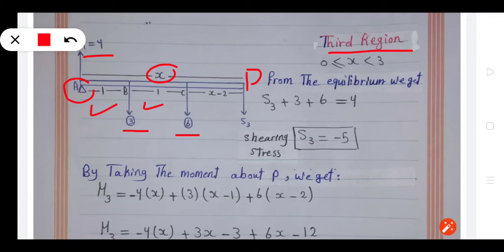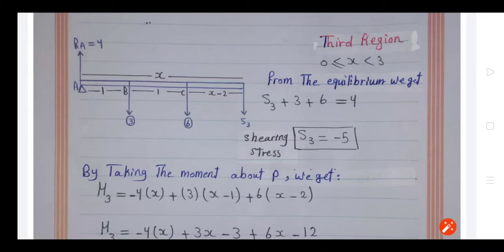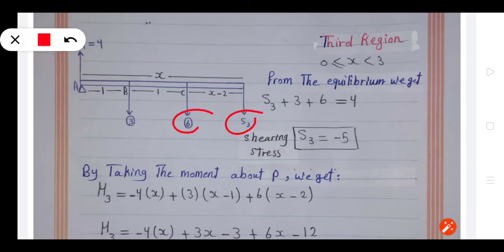So the distance between 6 and S3 is equal to x minus 2. Studying the equilibrium of this part: S3 plus 6 plus 3 equals 4. We can find in an indirect way that S3 equals negative 5.